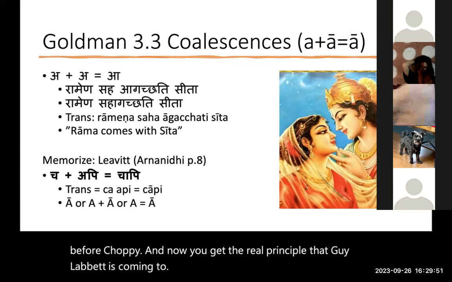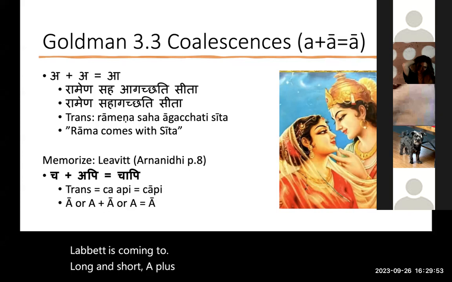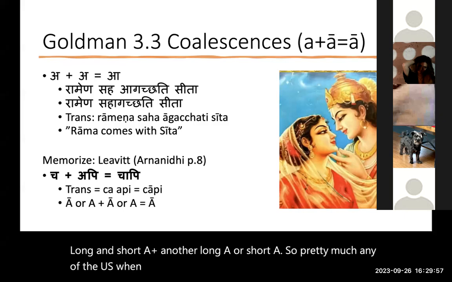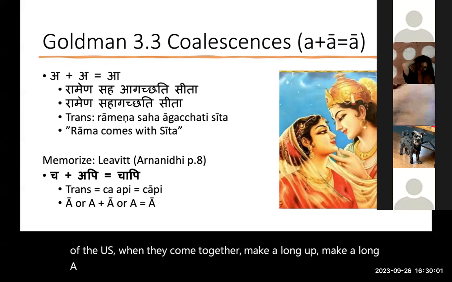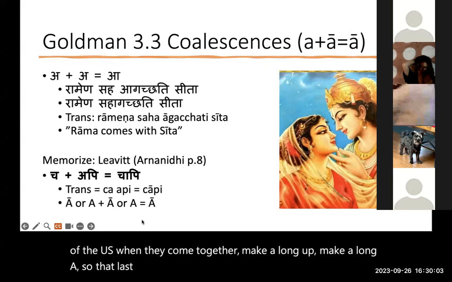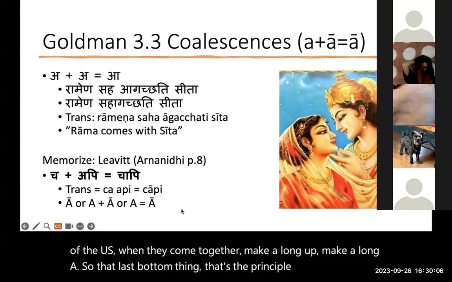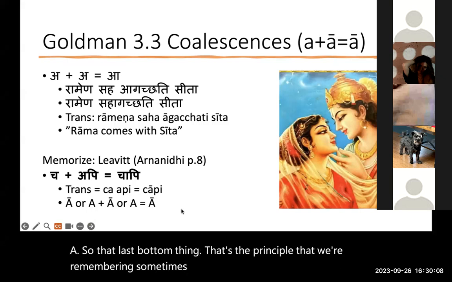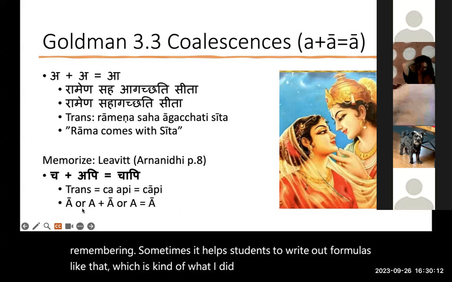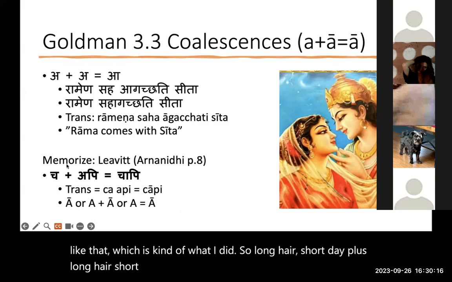Long A and short A plus another long A or a short A. So pretty much any of the uhs, when they come together, make a long A. So that last bottom thing, that's the principle that we're remembering. Sometimes it helps students to write out formulas like that, which is kind of what I did. So long A or short A plus long A or short A equals long A. Cha, uppy, but and, choppy.